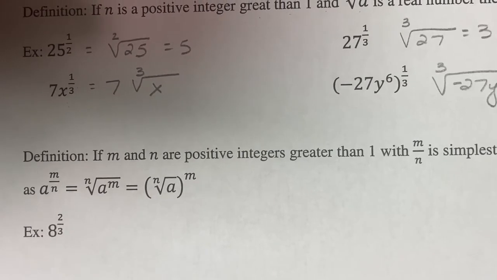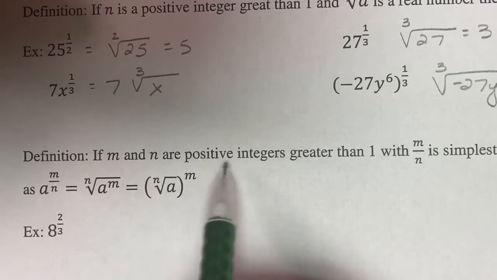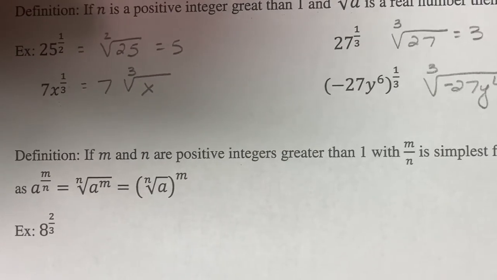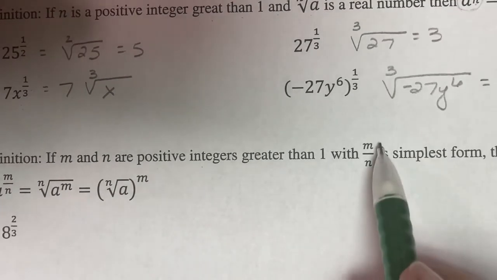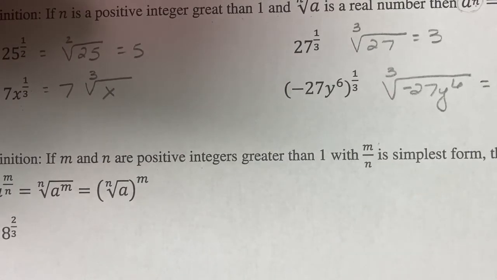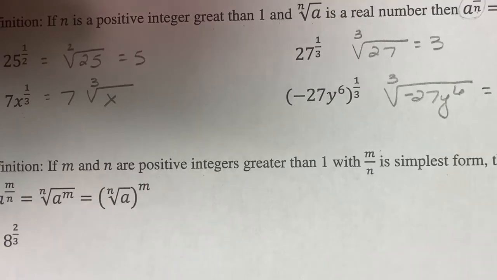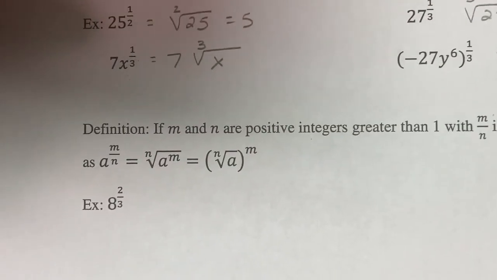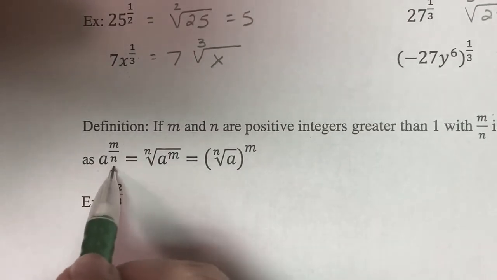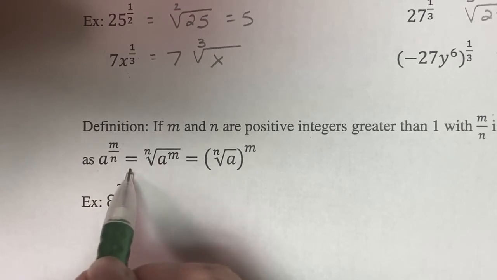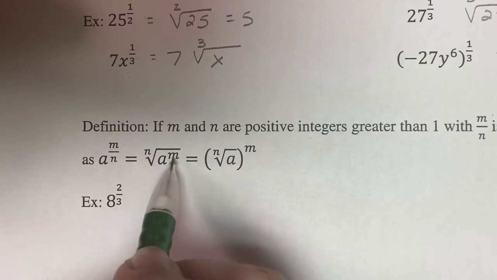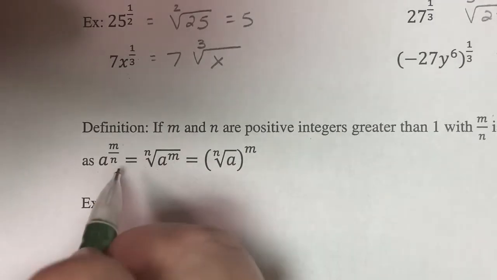Well, let's look at this next definition. If m and n are positive integers bigger than 1, and m divided by n is a fraction in simplest or reduced form, then as long as a to the m over n is true, that is the same as the nth root of a to the m. So look at just what happened.